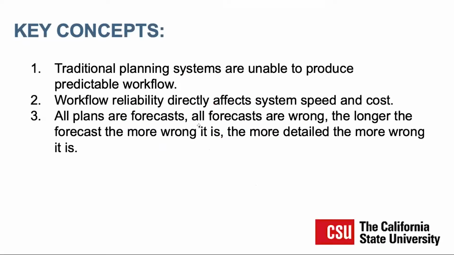But as we just shared, traditional planning systems aren't working very well. They're not getting us predictable workflows. And if we don't have predictable workflows, that impacts our ability for both speed and cost of the project, our efficiency, our productivity. And the last one is very important, particularly for those that may be CPM acolytes on the webinar today: all plans and forecasts, the longer it is, the more wrong it is, the more detailed it is, the more wrong it is.